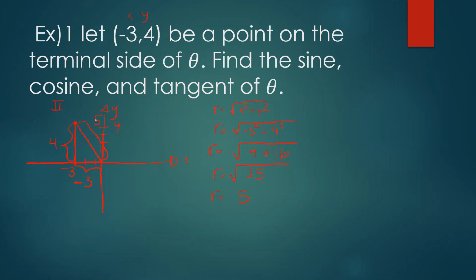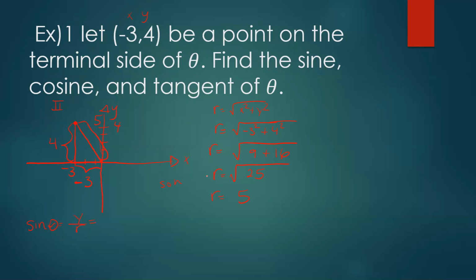Now we want to find three things: sine theta, cosine theta, and tangent theta. Let's find sine theta first. Sine, based on your notes, is opposite over hypotenuse, or you could also think of it as y over radius. I'm going to use y over radius, which is much easier.